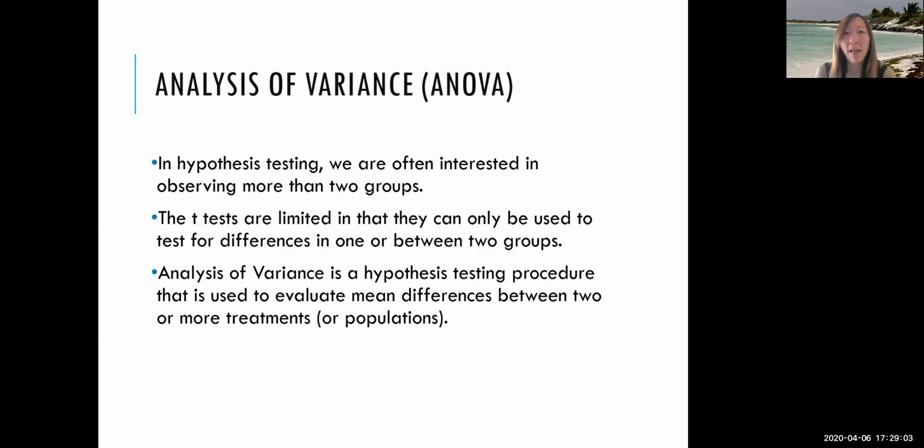Okay, so analysis of variance is a hypothesis testing procedure that is used to evaluate mean differences between 2 or more treatments, also called treatment populations or treatment groups. Those 2 words are interchangeable. So ANOVA is still comparing means, looking for mean differences.